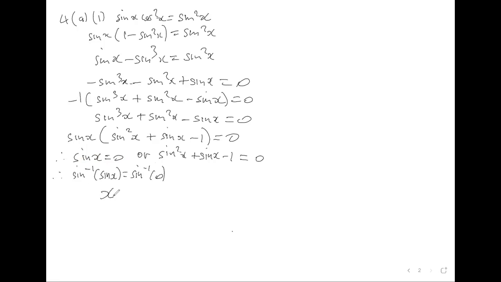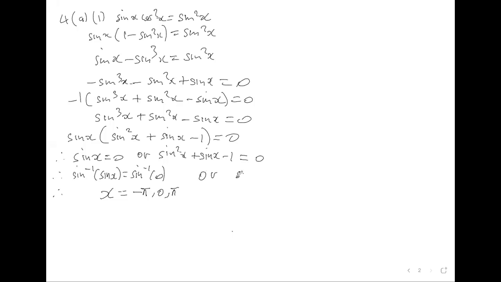Here we have x being equal to their values. Sine inverse of 0 has 3 values: negative pi, which is negative 180, and 0 itself, and positive pi, which is positive 180.